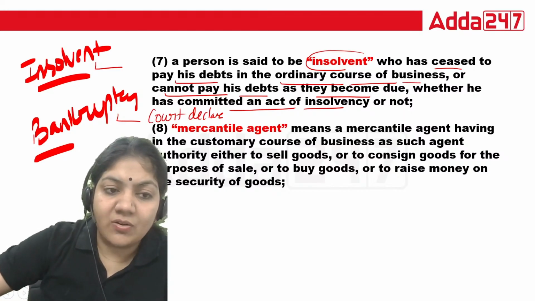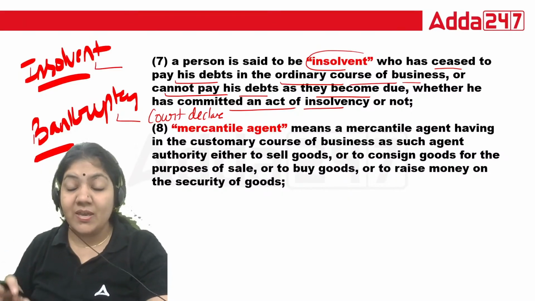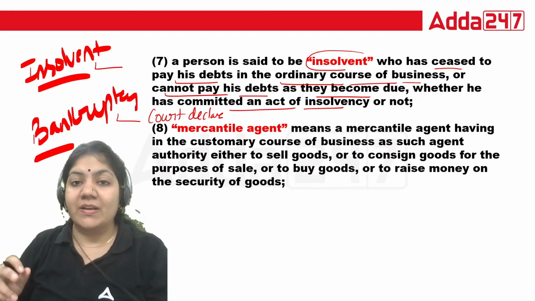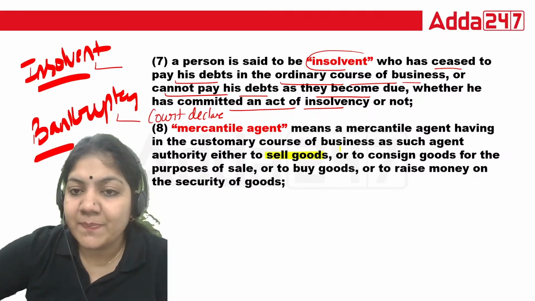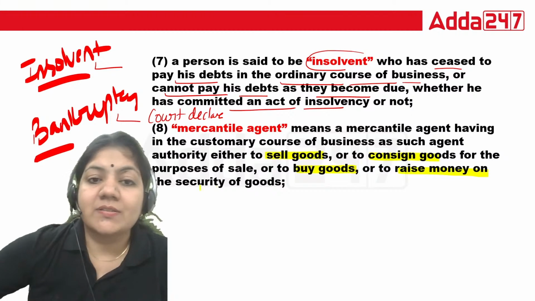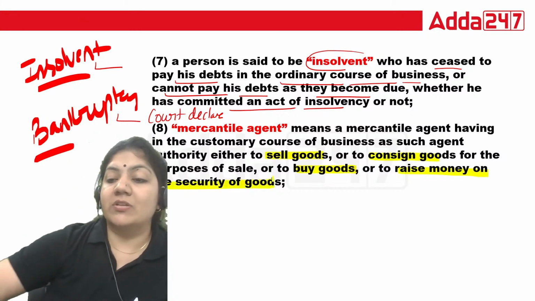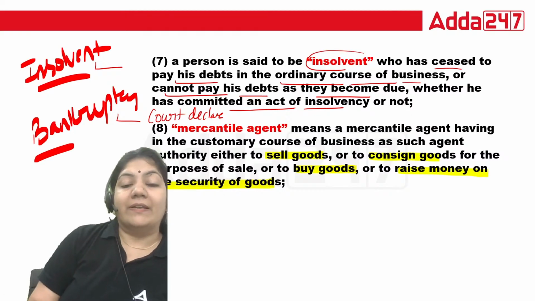Mercantile agent, we also know about the mercantile agent because we have done this in the types of agent. So mercantile agent means the person who sells the goods, consigns the goods for the purpose of sale, buys the goods, and raises money on the security of goods. So these are the things which I have highlighted in yellow, that is called the mercantile agent.